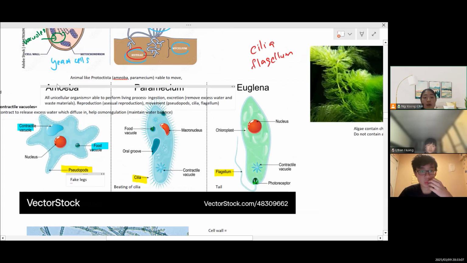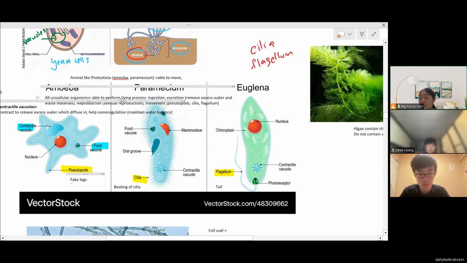All of them are unicellular organisms because they contain just one cell only, but they are able to perform most of the living processes. Ingestion: they are able to eat food. Excretion: they are able to excrete excess water and waste products outside.